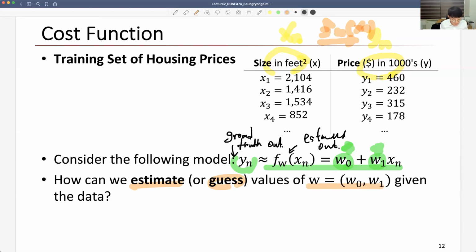Intuitively, we have to find the distance between the ground truth output and estimated output, and then find the optimal W0 and W1 that minimize this distance.